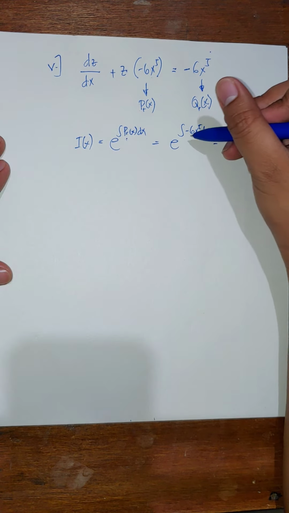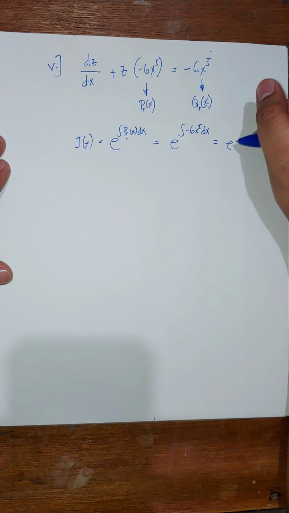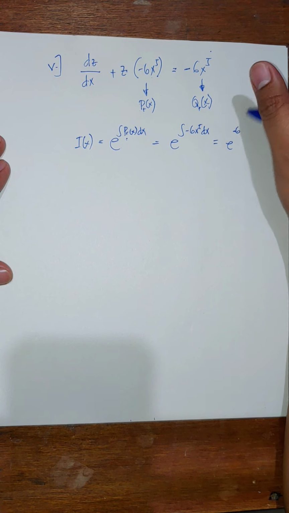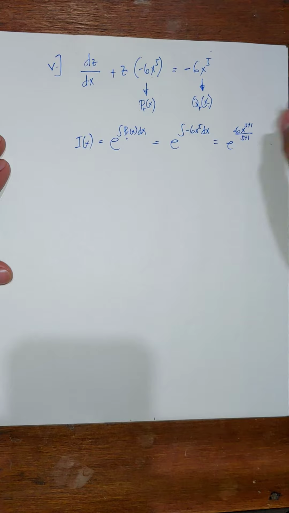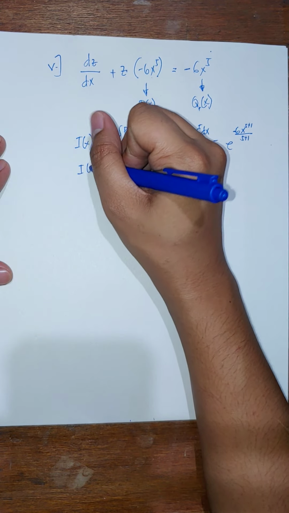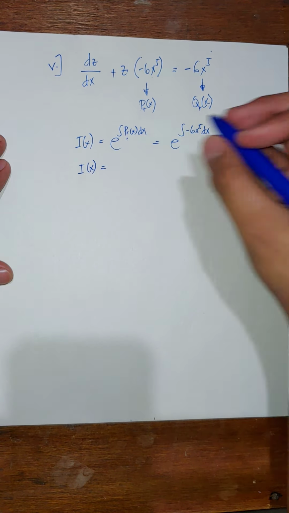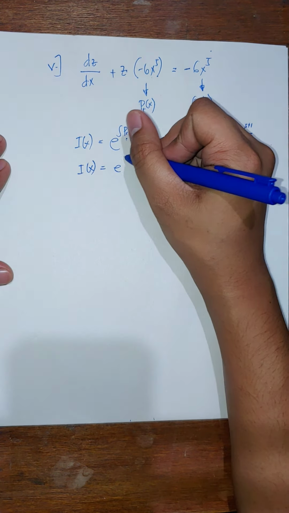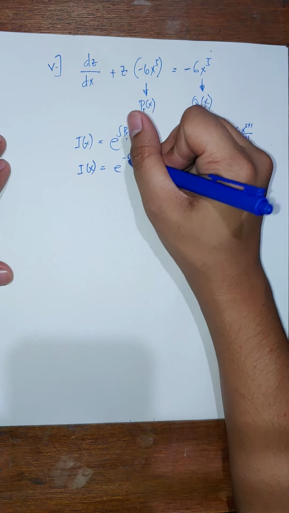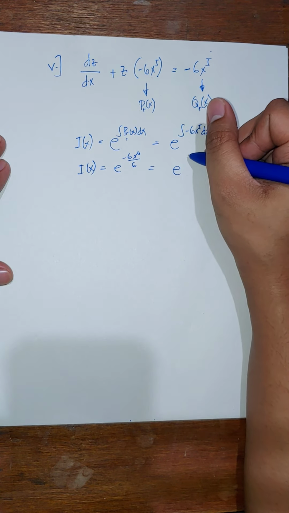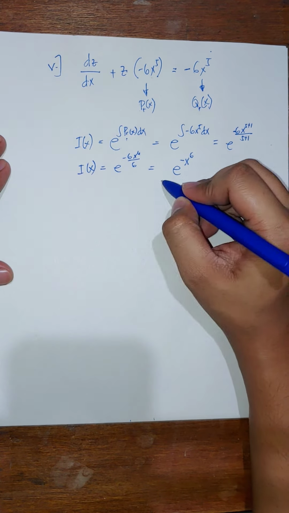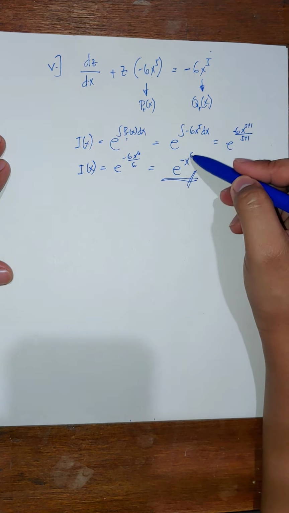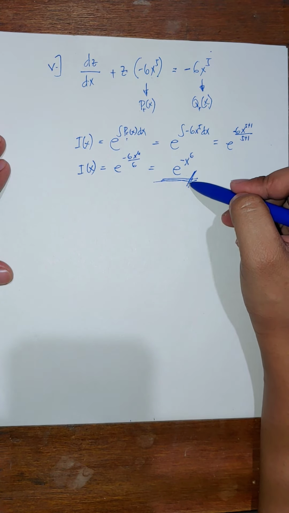By basic integration, the integral of negative 6x to the fifth is negative 6 times x to the 5 plus 1 over 5 plus 1. Therefore we can conclude that our integrating factor is equal to e to the negative 6x to the 6 over 6, or e to the negative x to the 6. So this is our integrating factor.